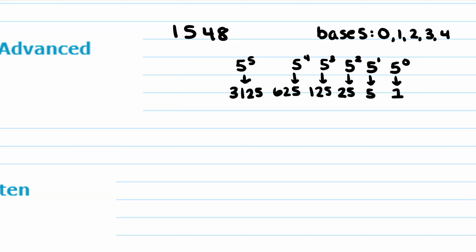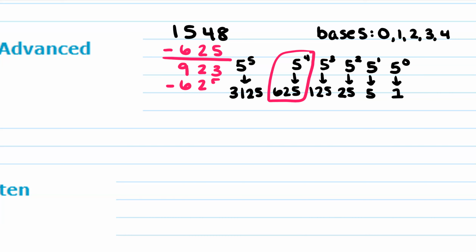So we're going to start with 1548, and we're first going to subtract 625. And we're going to do that as many times as we need to, up to 4, to get a number less than 625. So minus 625 makes 923.